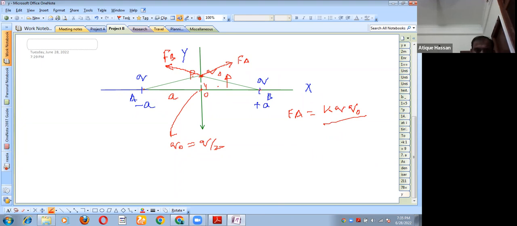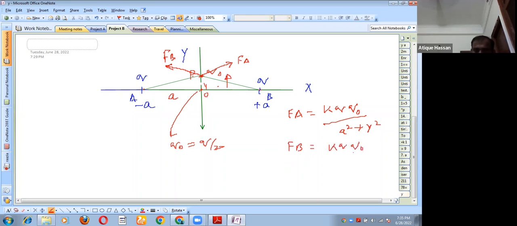So the distance is AP, right? AP squared, so the AP distance squared will be A square plus y square. Similarly, the force due to B, FB, will also be the same, K Q naught by A square plus y square. We know that FA and FB are equal, the symmetric case. So let us say FA equal to FB equal to F.